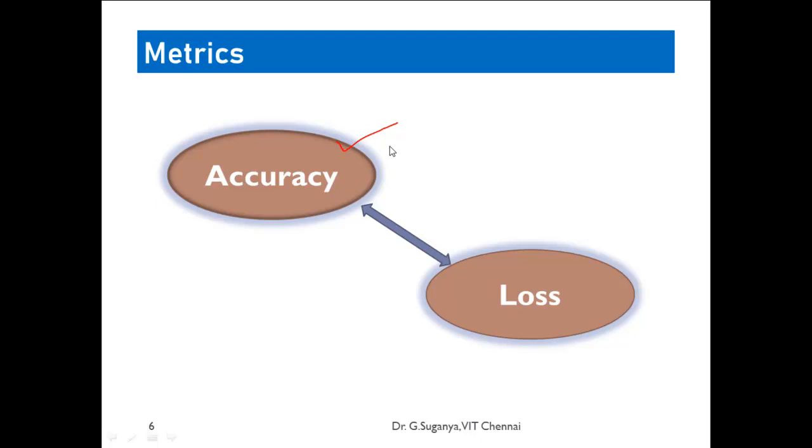Let's say you have used 20 data points for training, and your fitted model gives only 10 correct outputs, which is mapping. So 10 divided by 20 is the accuracy of the model. So 50% of the time the system gives you a good result.